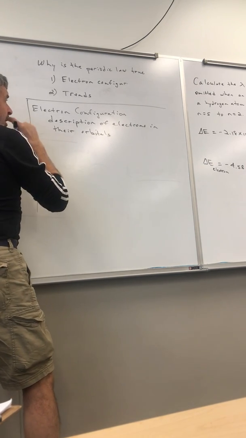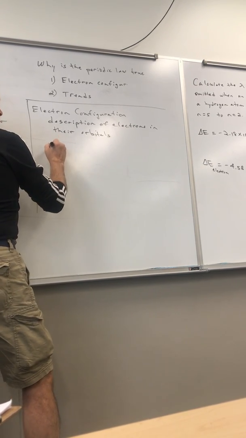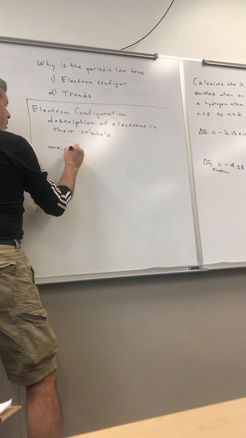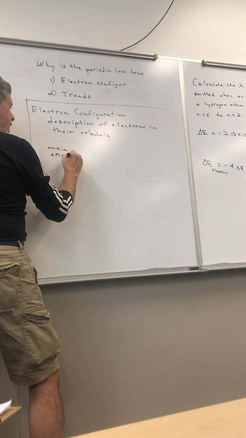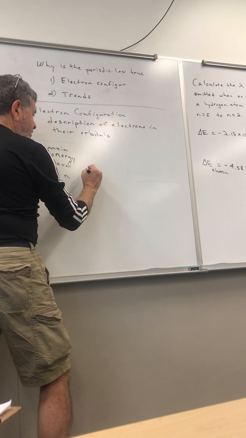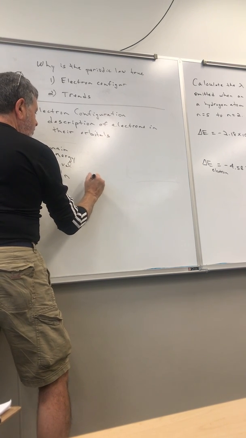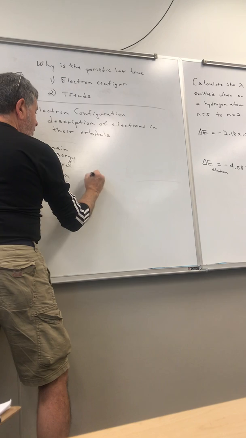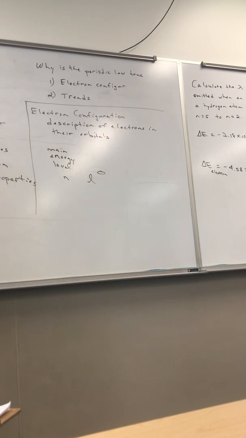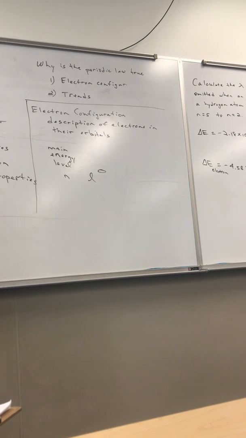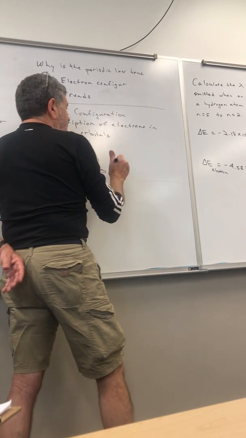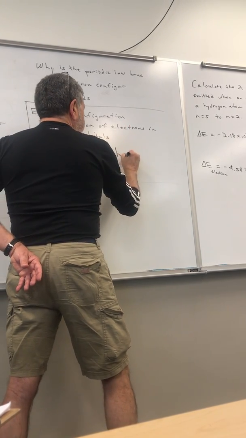And the electron configuration has the following format. It has the main energy level, which is N. It has the orbital, which is the L, and then it has, in the upper right-hand corner, the number of electrons in that particular orbital. So I know this is a bit confusing.